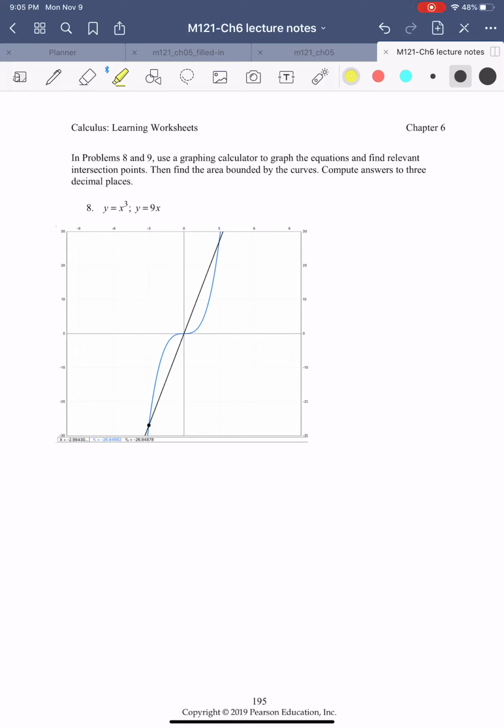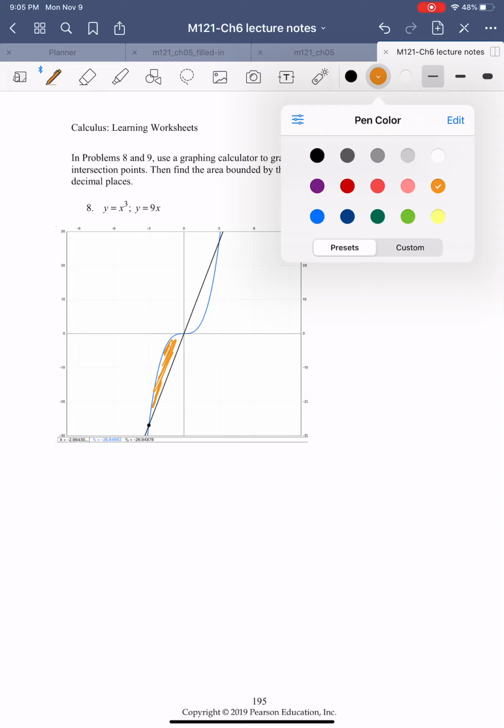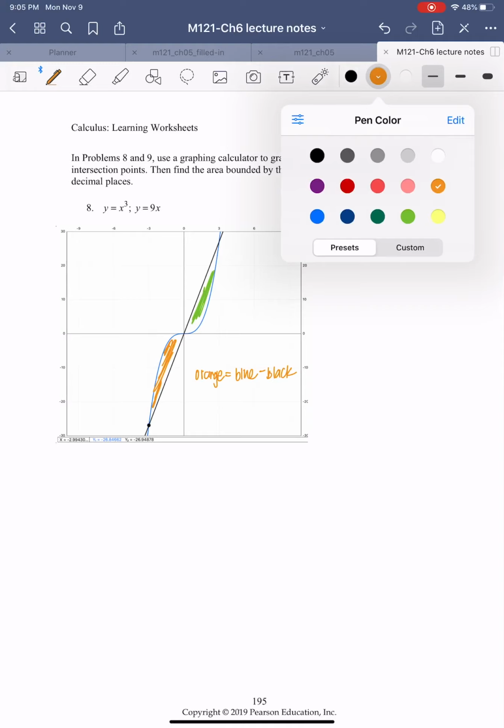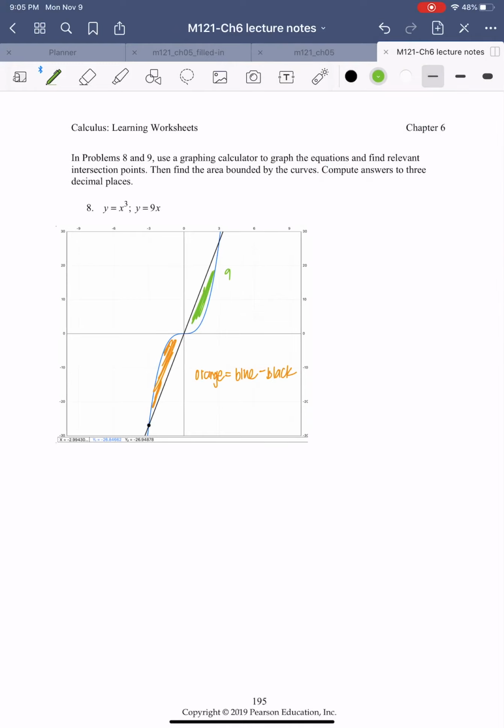I will color them, the orange one and then the green one. Let's comment on a couple of things. For the orange region, the top will be the blue curve minus the black curve. For the green one, the top is the black one minus the blue one. So this is what we've been doing. So 8 and 9, it's nothing different.